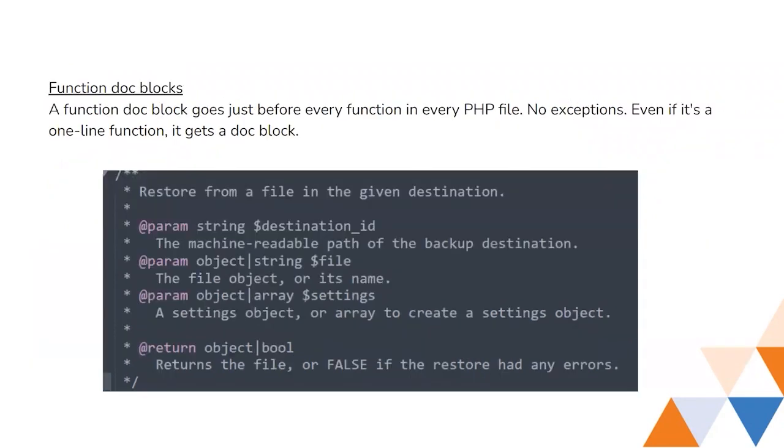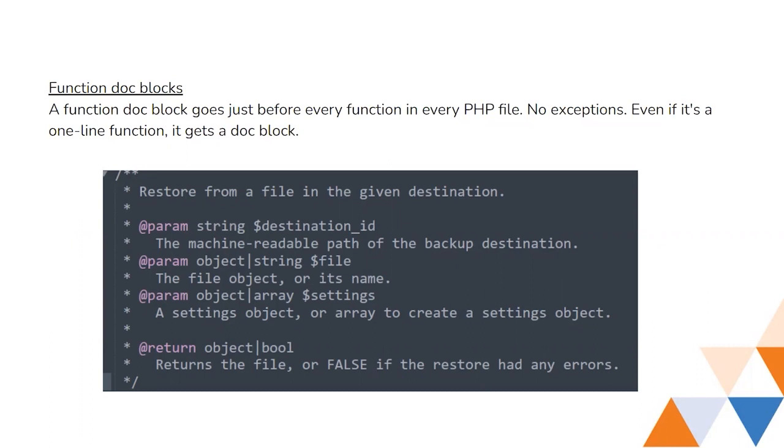The next part is the function doc block. On top of every function in PHP, we write this block. As per the standard, it can be written in one line, like the function returns a boolean value, and that is fine if it's very simple.